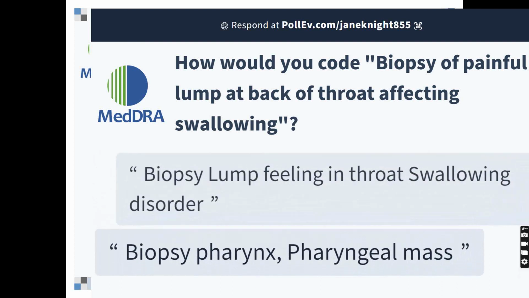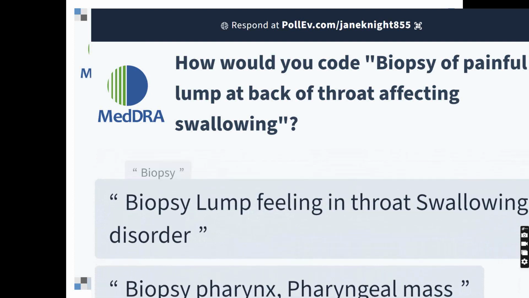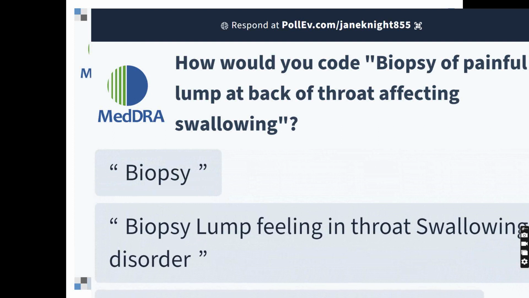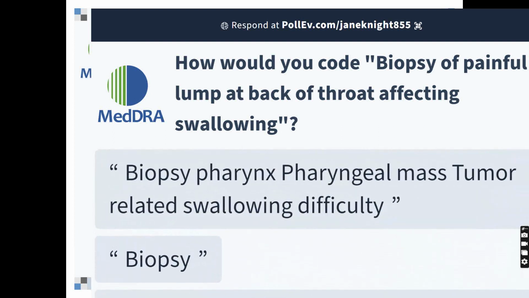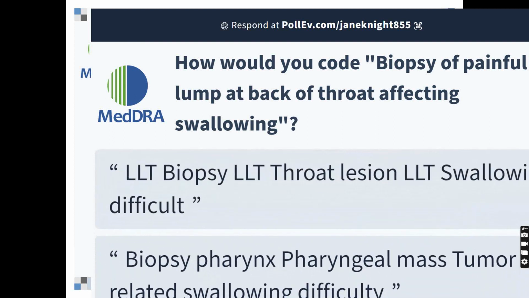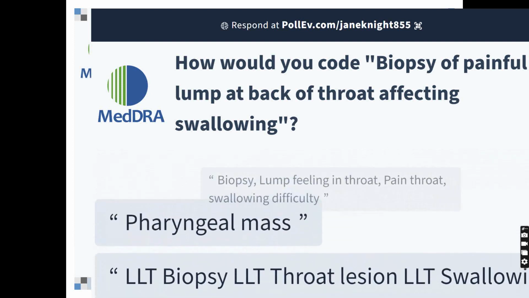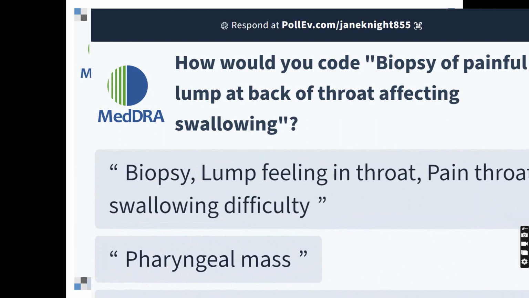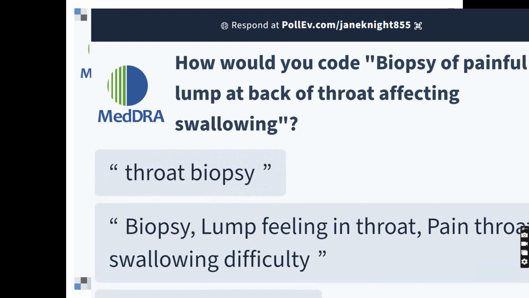Biopsy of pharynx, using a synonym for throat, pharynx, and also pharyngeal mass. Biopsy, lump feeling in throat, swallowing disorder. Lump feeling in throat, that's an interesting term. Throat lesion, a more general term you're suggesting there. Swallowing difficult, a couple of you have mentioned. Pharyngeal mass, again suggested by a couple of you. So we're getting a couple of options here.